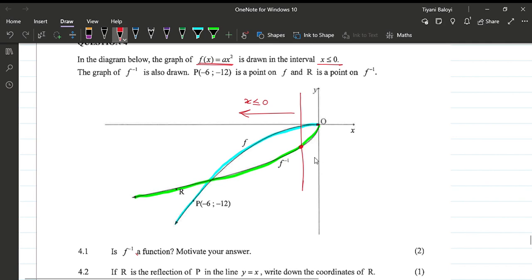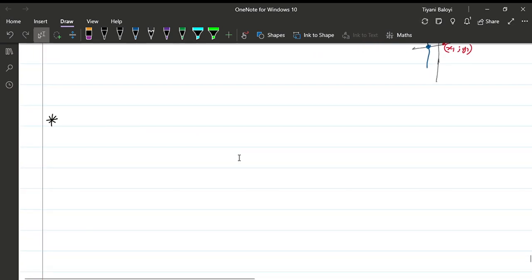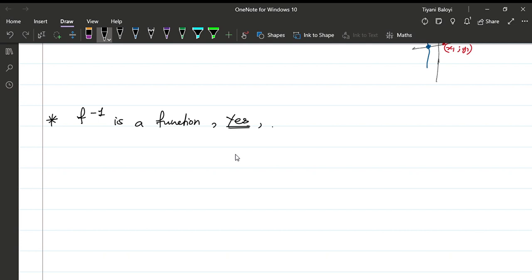Okay, my pens are giving me a problem, but we can get started now. So this is our answer for 4.1. f to the power minus 1 is a function. The question was, is it a function? So we can just write yes. What's the reason? This graph passes the vertical line test.